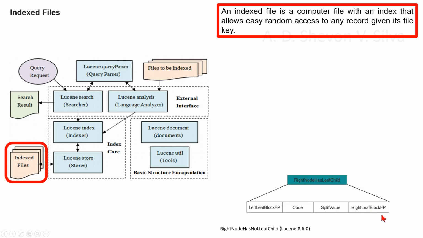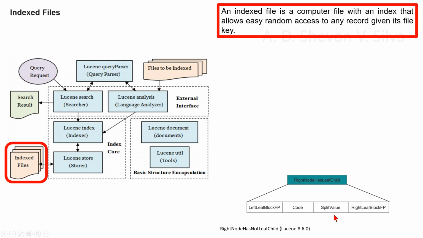Here you can see right node has not leaf child. Here the left leaf block FP, code, and split value describe the same meaning.